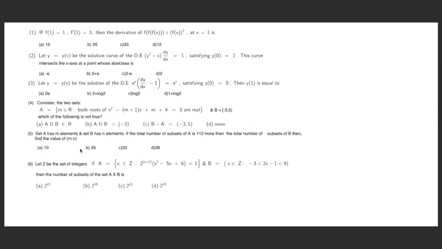These are the choices, and we'll see the best choice. So we have been given that the total number of subsets of A is 112 more than that of the total number of subsets of B.